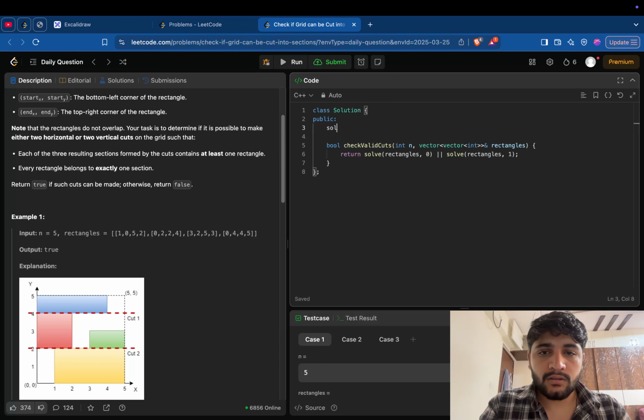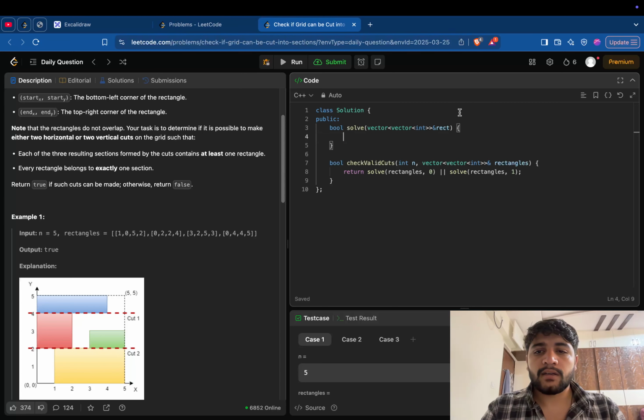Okay, solve. Boolean solve, and vector of vector, the rectangles, and the second is x, let's say x represents the axis.